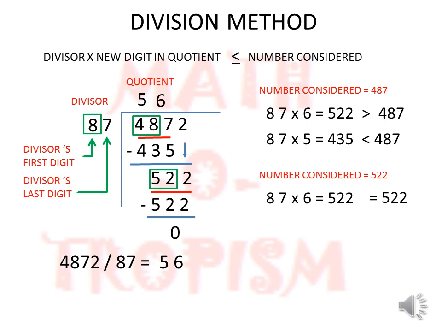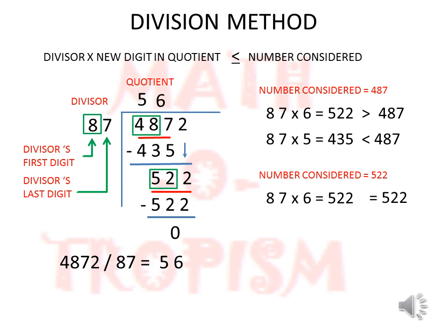Then 5 and 6 separately are the new number in the quotient, separately, because there are two steps in which I have put that. So when I had considered 487 as the number considered, at that time 5 was put in the quotient. When I had taken 522, I had introduced 6 in the quotient.